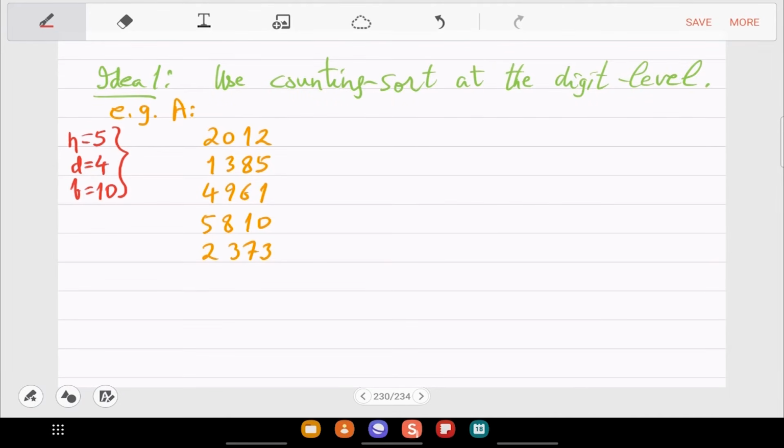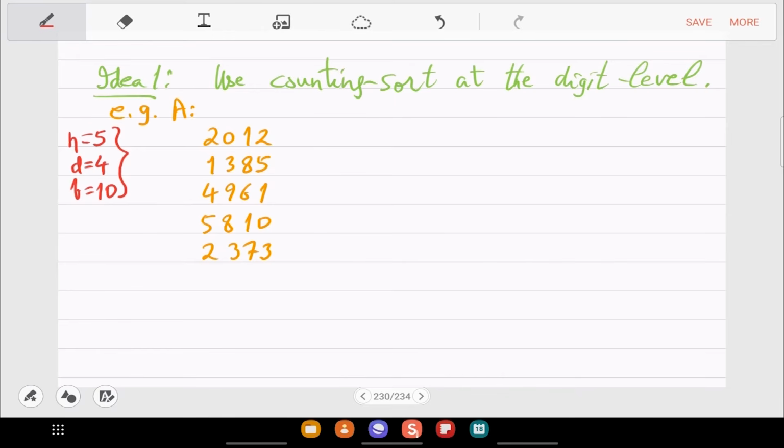What we want to do is look at a sub-column of digits and sort using counting sort. Because the digits are very small, only from 0 to b minus 1, 0 to 9, counting sort is valid, right? The number of digits in a column is n, but they are very small, so you should use counting sort.